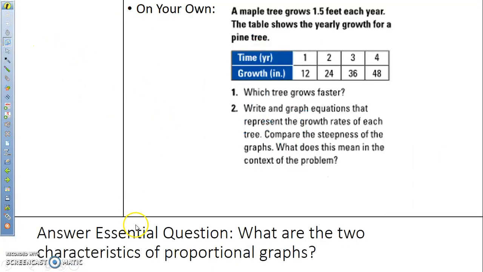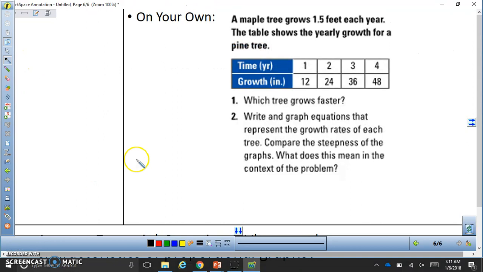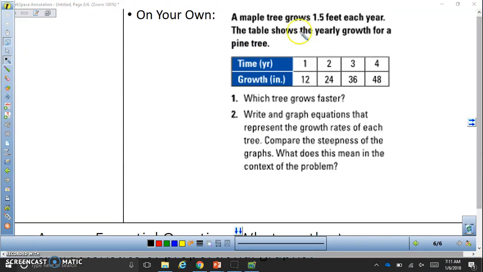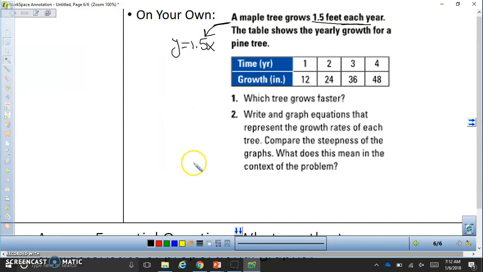We are getting to the on your own portion of this. I will help you out with the equation parts right now, and then I need you to compare them. All right, a maple tree grows at 1.5 per year. So this maple tree is y equals 1.5x.